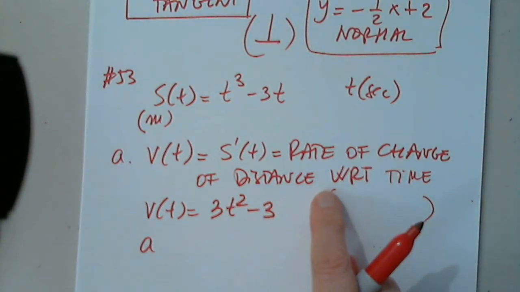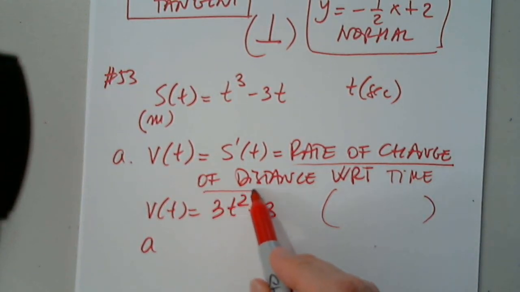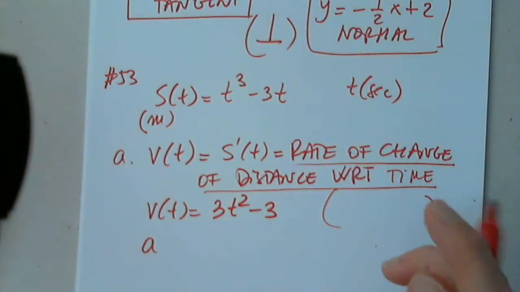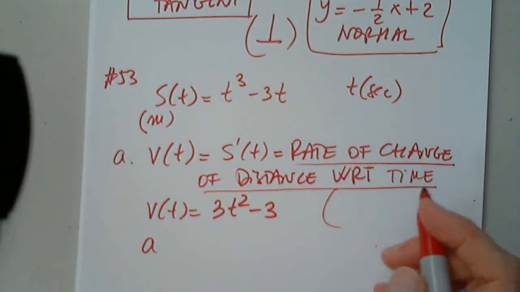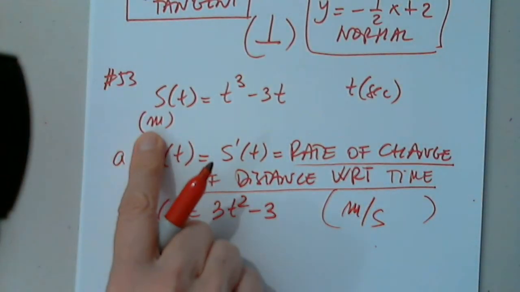It has to have 2 measurement units. Any rate of change has to have 2 measurement units. Distance and time. But what is the measurement unit of distance? Meters per second. That's why I wrote them.